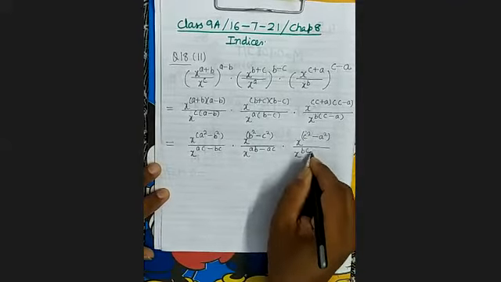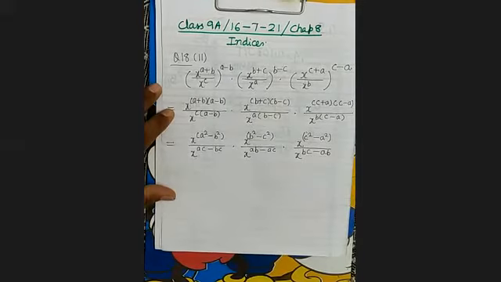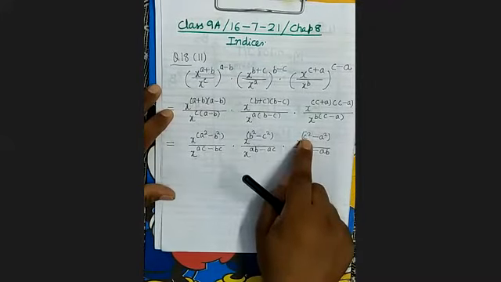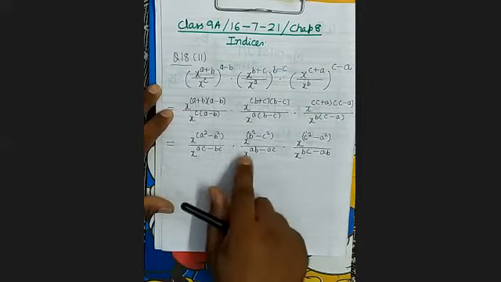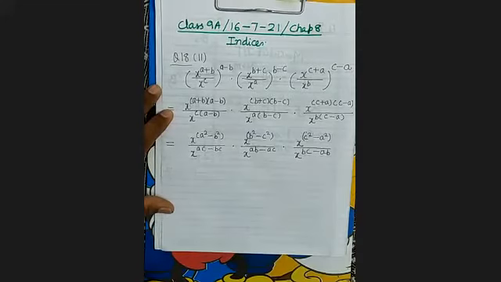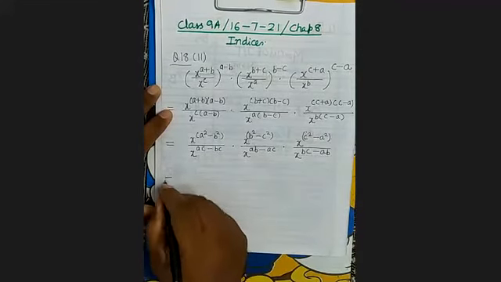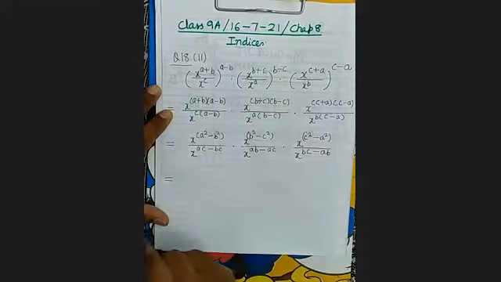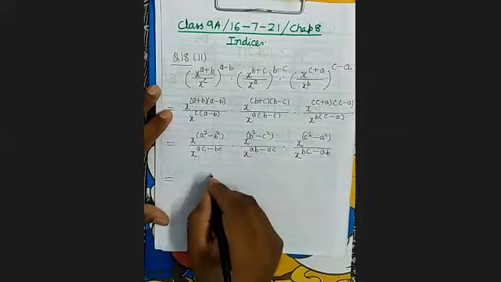Now you can see here that all the terms are in multiplication. Means this into this into this divided by this into this into this. So see here what will happen. Since this is the product of exponential terms, the bases are the same, so powers will be added.